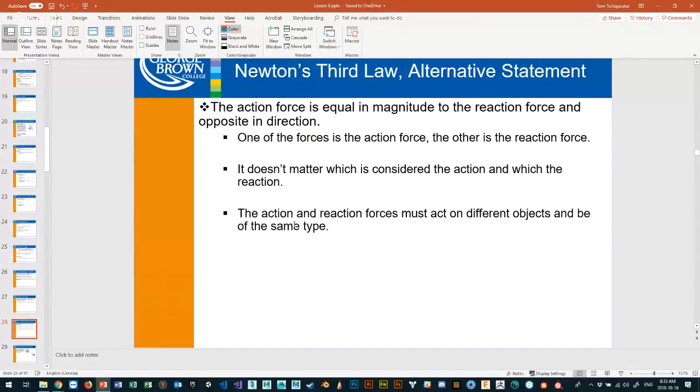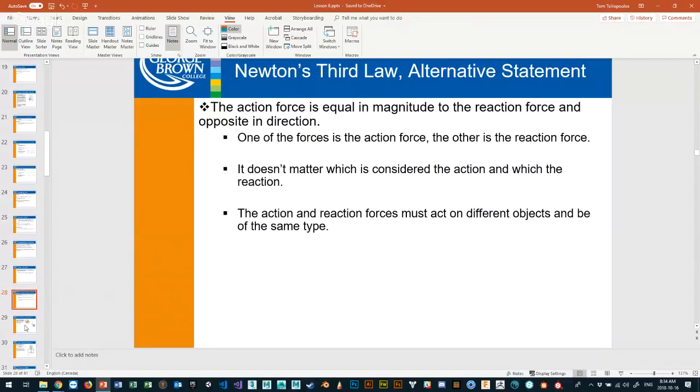That's the first law. The second law is force equals ma. And the third law is this idea that when a force hits something, you get this opposite and equal reaction between two objects that are hitting each other, which is kind of interesting.